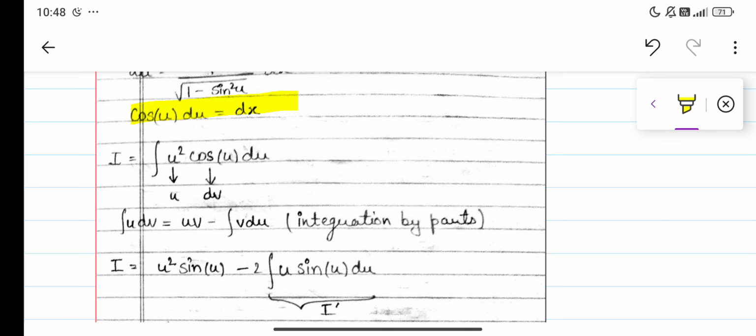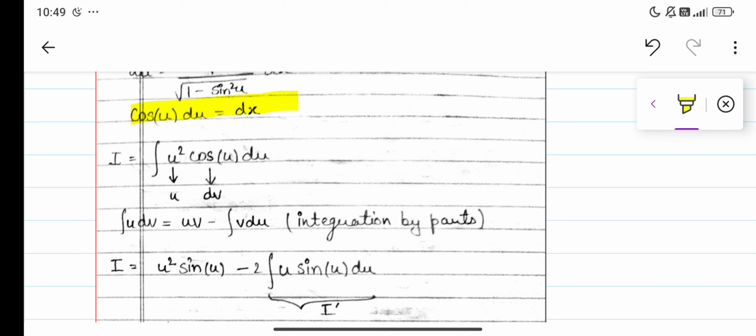Proceeding by integration by parts, I get uv. So v is the integral of cos u. The integral of cos u is sine u, and u is as it is, so u square sine u minus, now v is sine u, that is the integration of cos u, and du is the derivative of u.